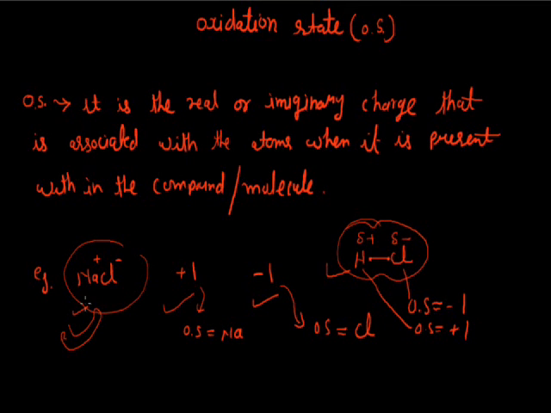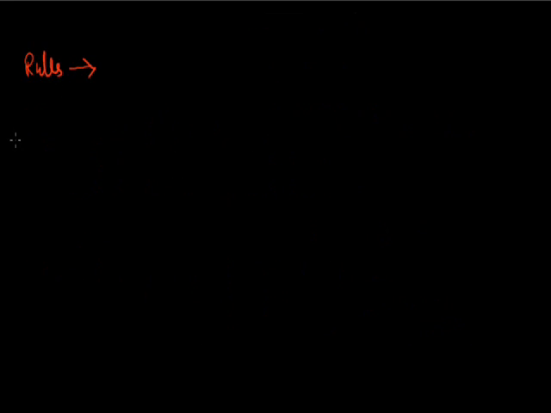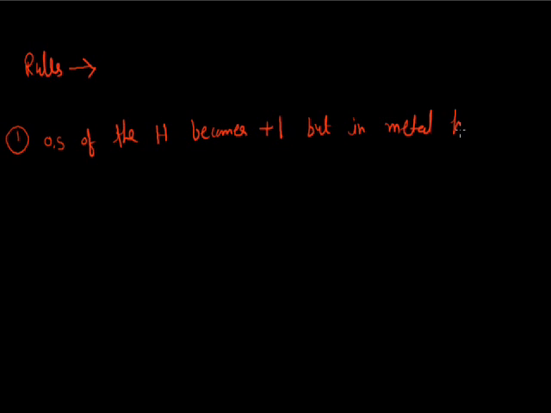Now we will discuss the rules for finding the OS. The first rule: OS of the hydrogen becomes +1, but in metal hydride, that means when the hydrogen atom is bonded to a metal, the OS of the hydrogen becomes -1.